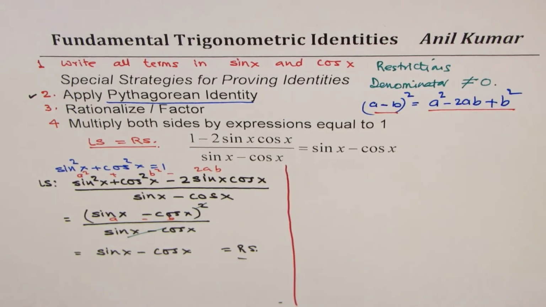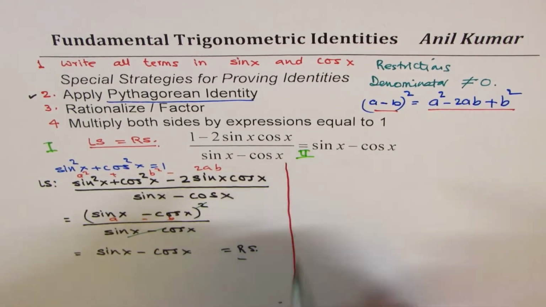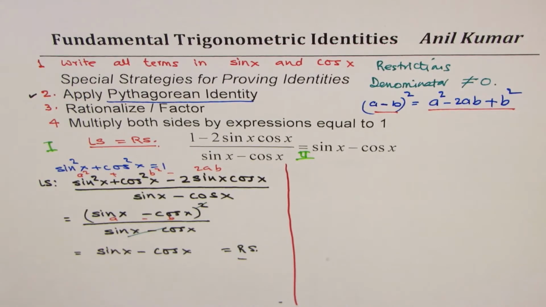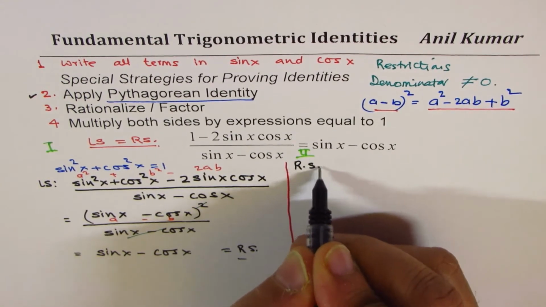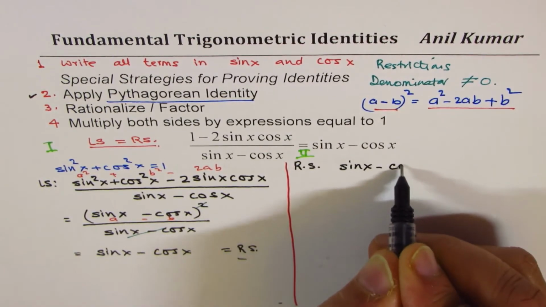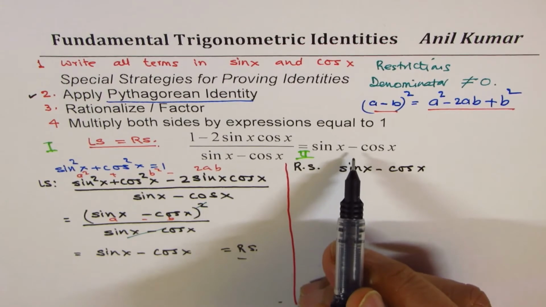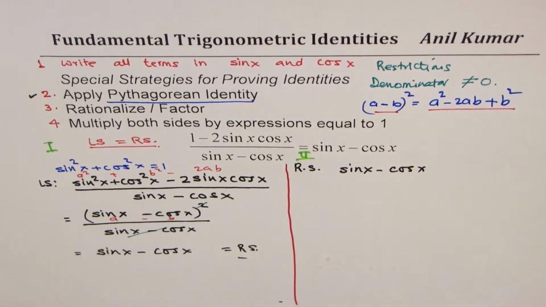Let's call this our method number 1. And now in the second method, we'll start with the right side. The right side is given to us as sin x minus cos x. What we need is sin x minus cos x in the denominator.